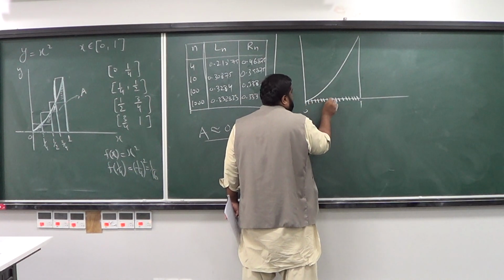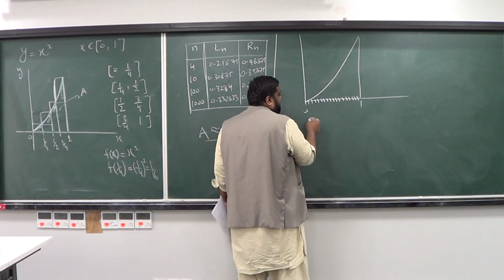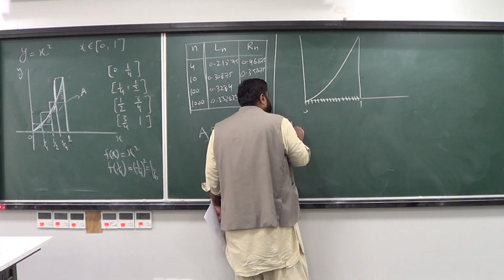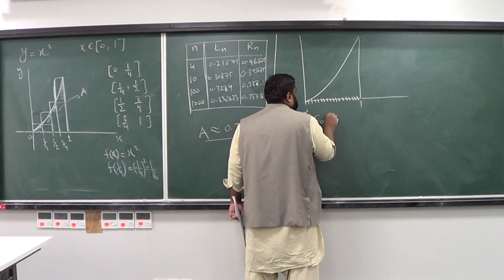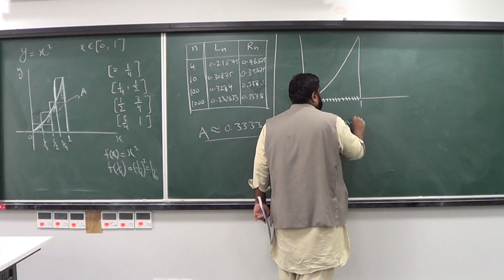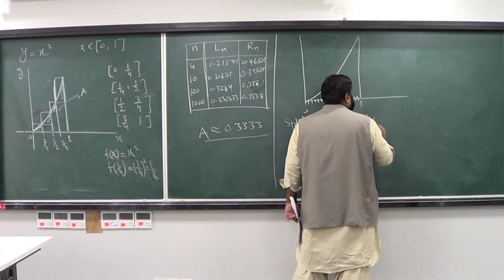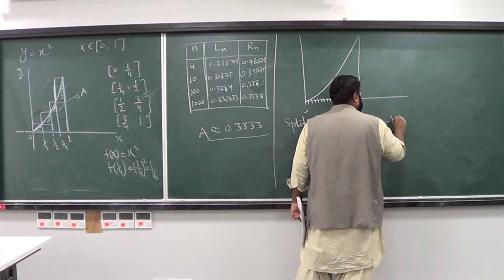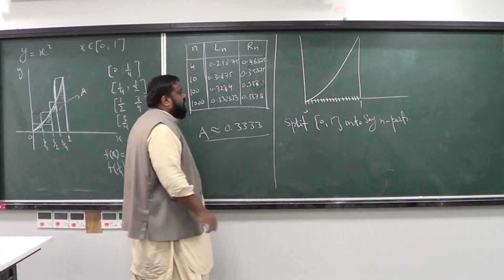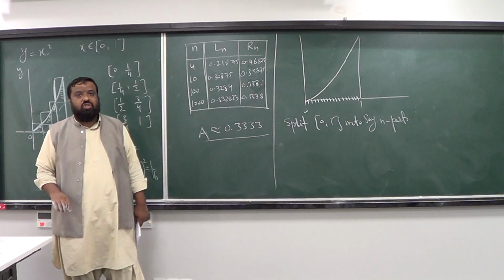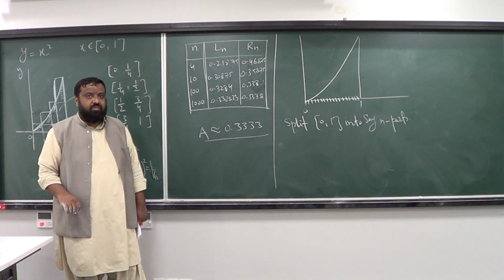So let's keep these parts abstract: split this interval 0, 1 into, say, n parts. Okay, n parts. The question is, what should be the size of each interval?